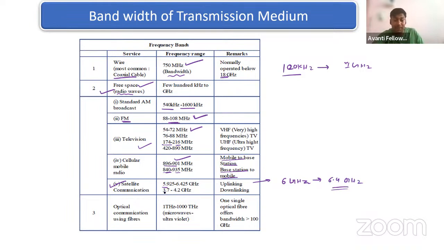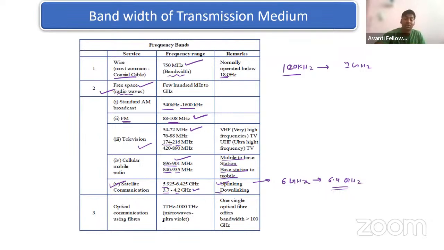And also 3.7 to 4.2. For uplinking and downlinking, the 3.7 to 4.2 downlink has a much lower frequency range compared to the uplink.